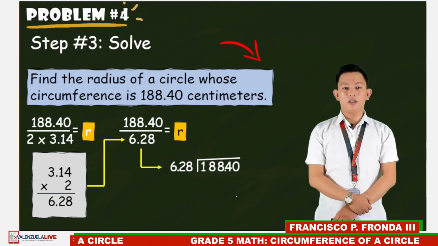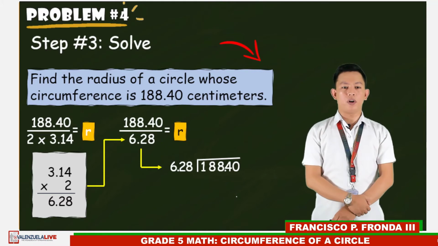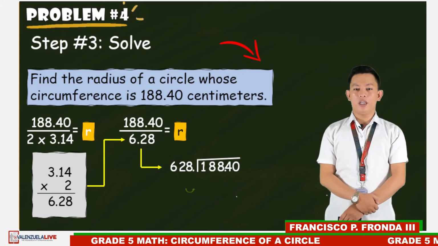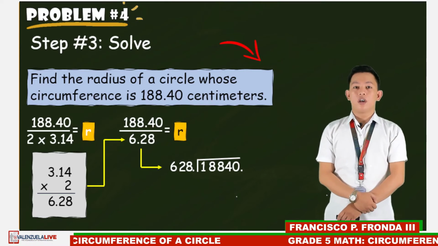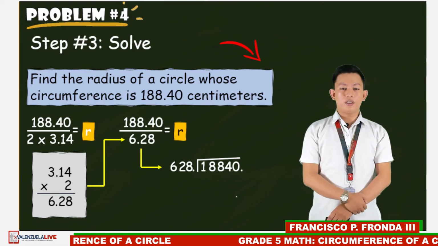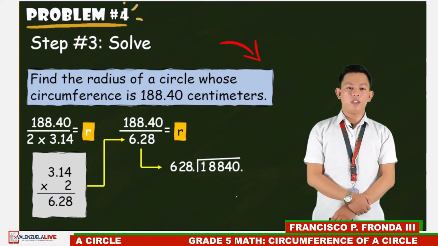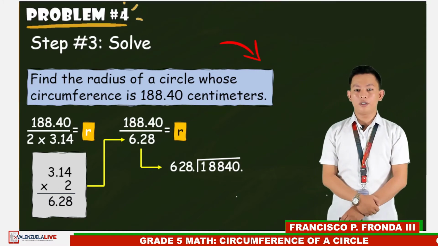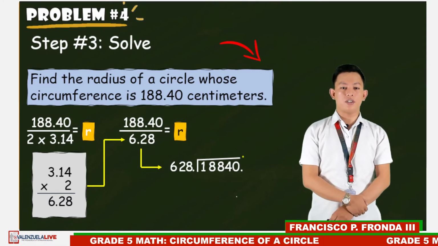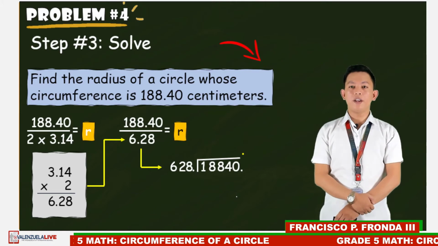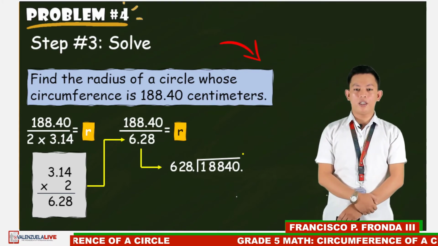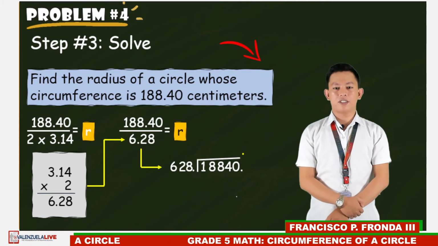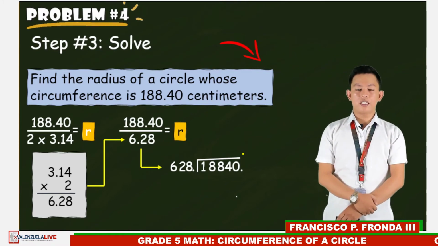Before we divide, let's move first the decimal point of 6 and 28 hundredths to the right 2 places to make 6.28 or 6 and 28 hundredths a whole number. And move also 2 places to the right by 188 and 40 hundredths to make the expression balance. Then, write the decimal point.